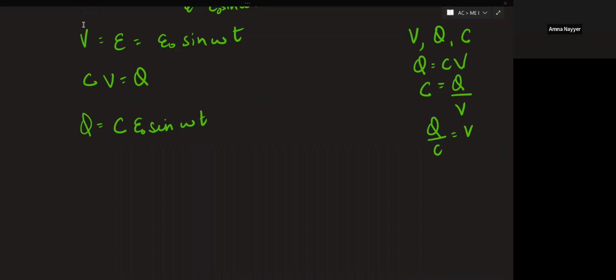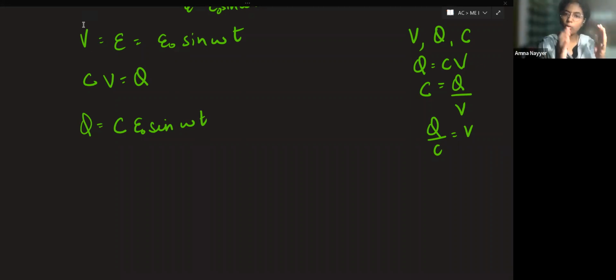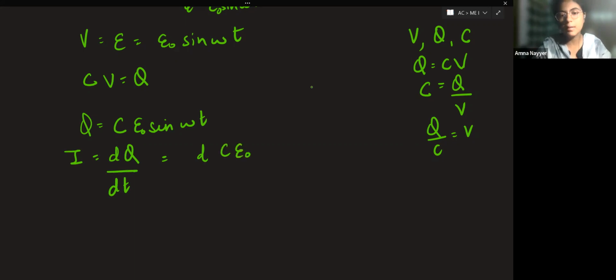See, some amount of charge will be present. Now, the amount of charge that changes with respect to time is known as current. So here also charge is equal to C epsilon naught sine omega t. The rate of change of charge gives you current. So here current will be dq over dt. It means you have to differentiate C epsilon naught sine omega t with respect to t.